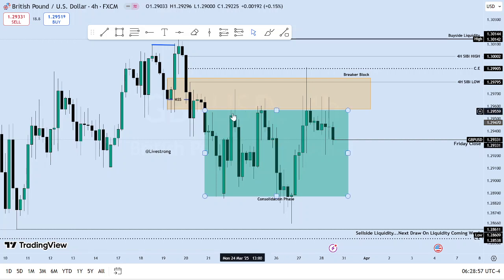You can see a back and forth movement. The body will tell you the story. See the body, the body, the body, a higher high, then a lower low here. This is a consolidation phase, time distortion.